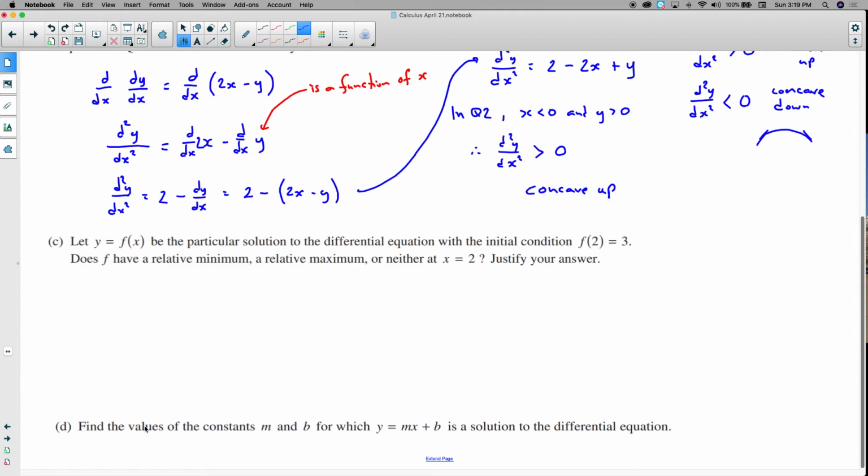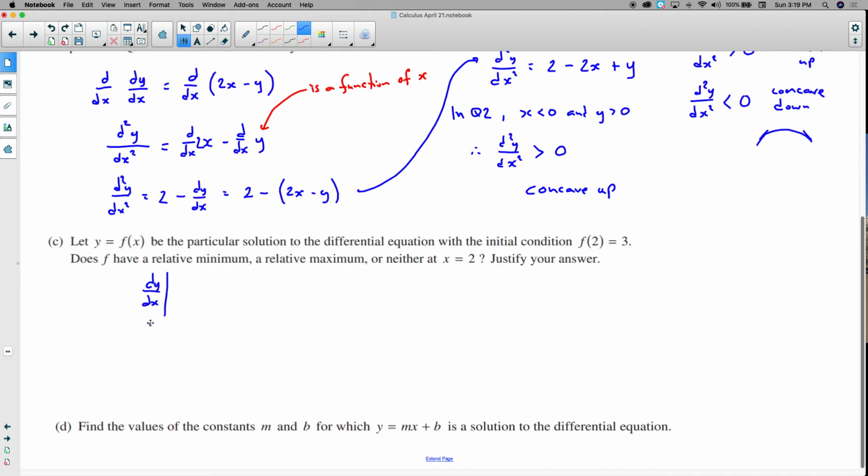Does f have a relative minimum? So that's a valley point. A relative maximum, a peak, or neither? Well, I know that those relative extrema happen at critical points, and critical points happen when the first derivative is 0, right? Where the tangent slope is flat, you have these critical points. So let me investigate whether or not we have a critical point.